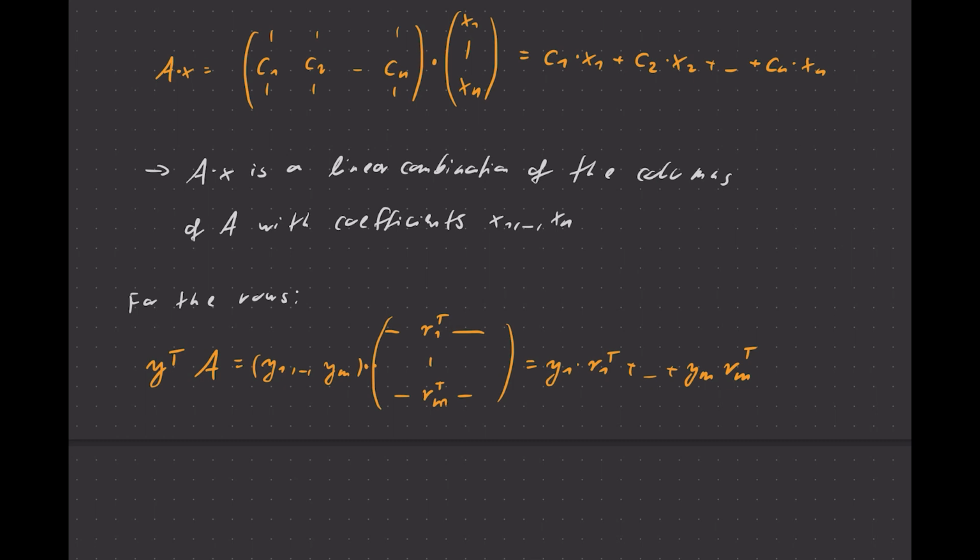Well, the left-hand side matrix of this multiplication is this one. That's a 1 by m matrix. So the result will be a 1 by something matrix. And that something will be the number of columns of this one.